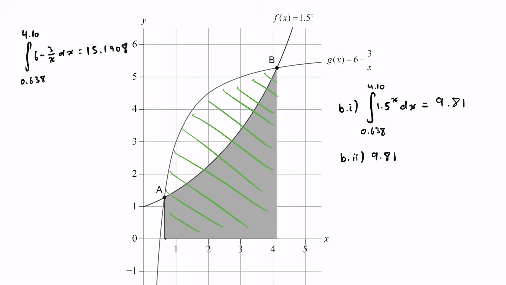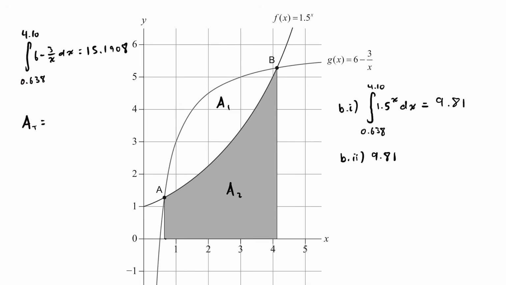But we're not really interested in knowing this entire area. So we can almost call it AT, the total area. If we want to find just, let's say, A1, A2, the total area is equal to A1 plus A2. And that's what we found right now.